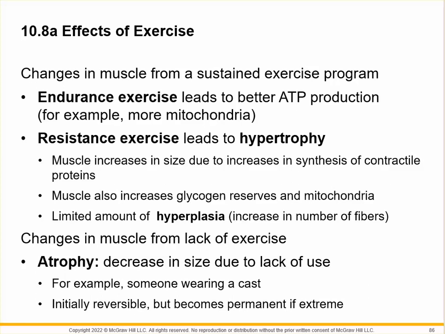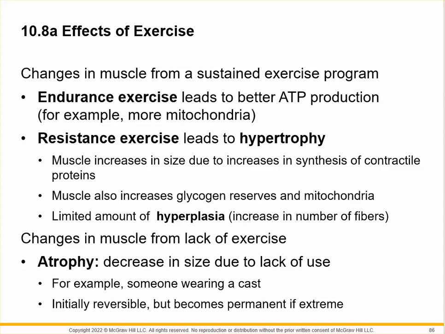So the next thing we're going to talk about is what happens when you exercise. There's two types of exercise. There's endurance exercise and there's resistance exercise. The endurance exercise is what it sounds like. So this is lots of reps, low weight, for lack of a better description.